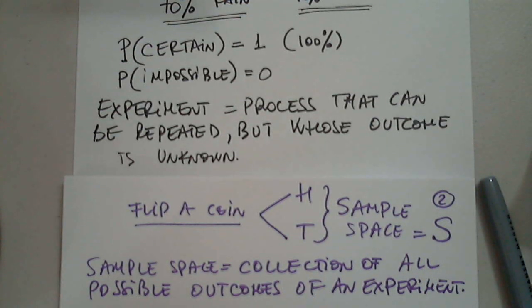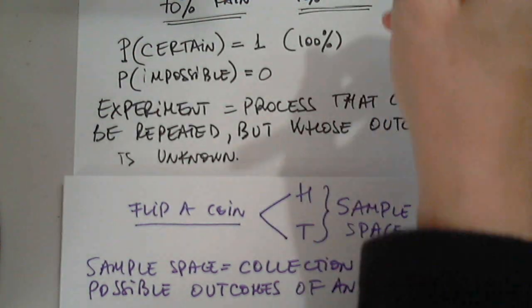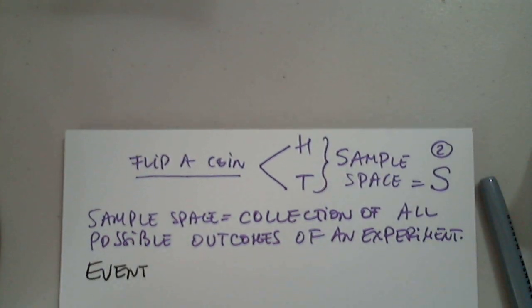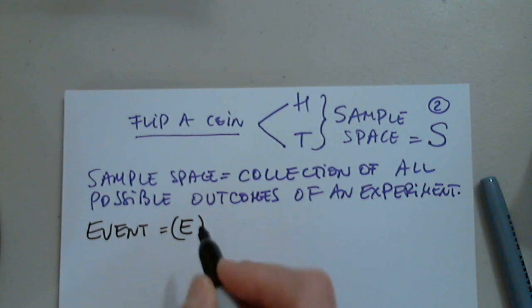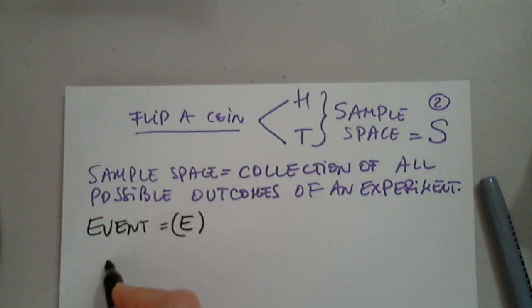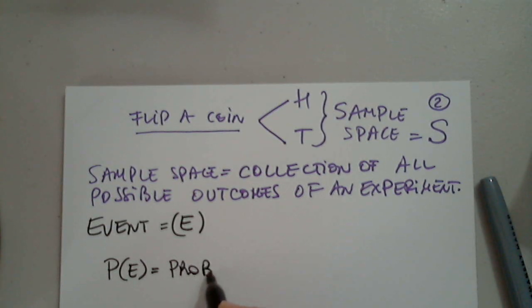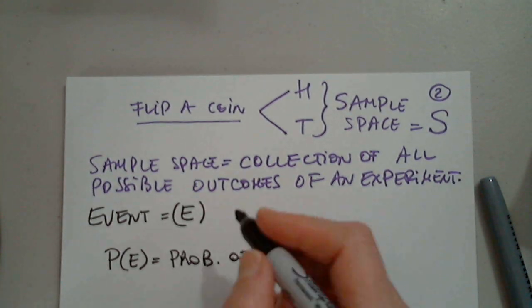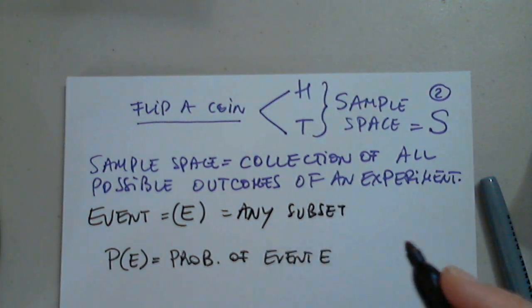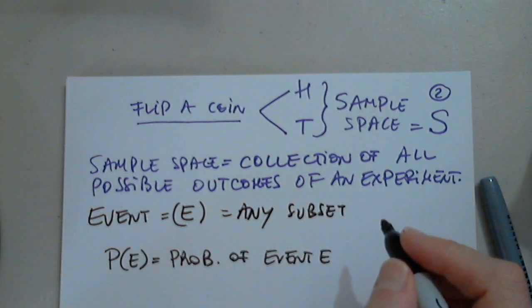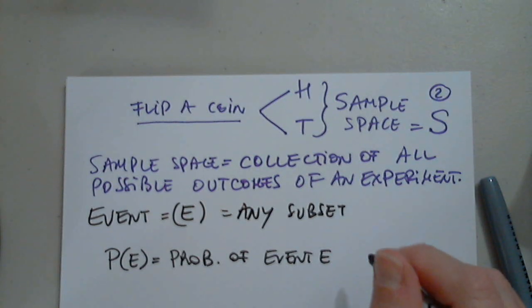So what is an event? An event, denoted by E, and we also denote the probability of an event, probability of event E, is any subset of the outcomes of a probability experiment.